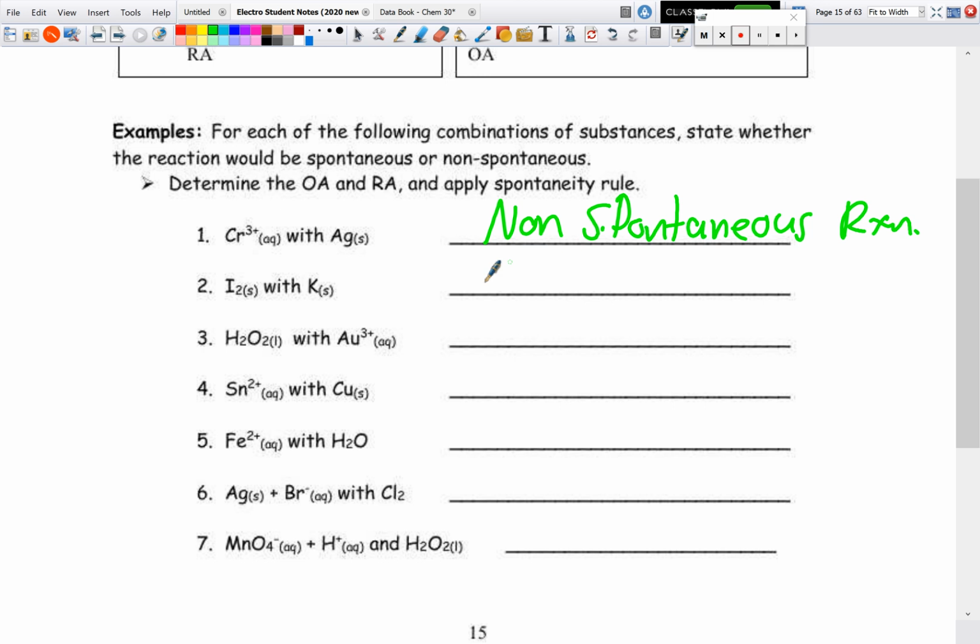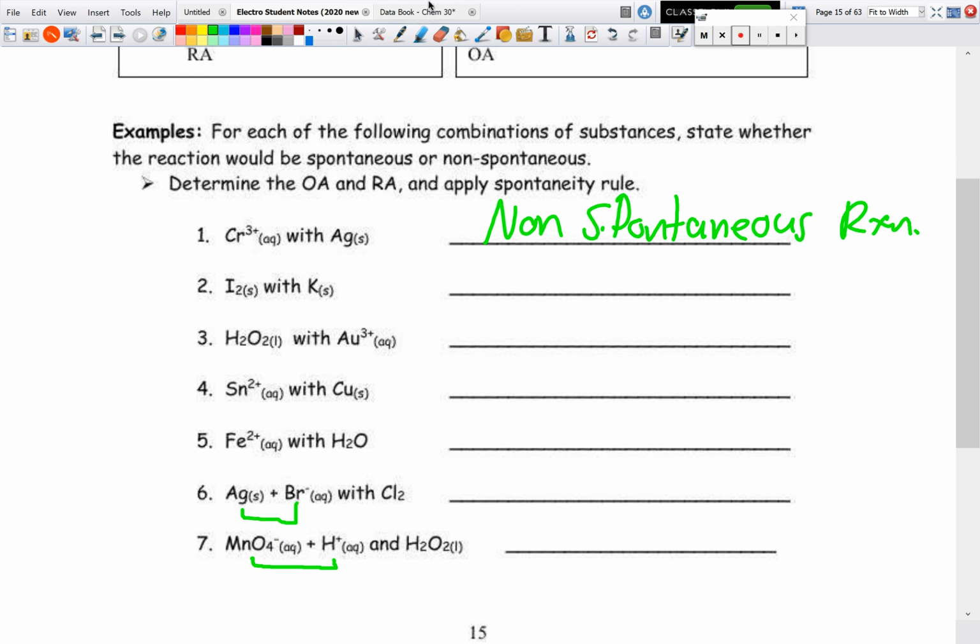All right, so 2, 3, 4, 5, 6, and 7 are all here. Now some of the ones here, just be careful when you start getting down here. So silver and Br minus, like this one here, MnO4 minus and H plus, that means that two of these together are either going to make it an oxidizing agent or a reducing agent.